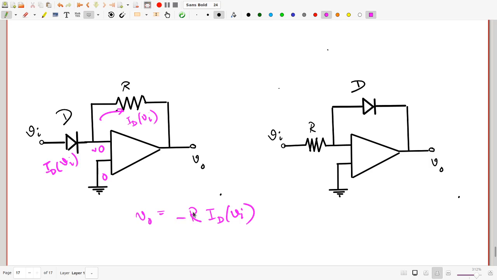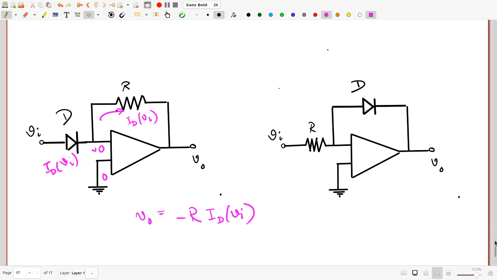So, if you use a CRO and fed it a sawtooth voltage along the X component at the input and connected the output and the input both to the XY mode of the CRO. If you don't know what that means, we will explain that later in a lab class. But if you did that, the CRO will immediately show you the characteristic curve of the diode.